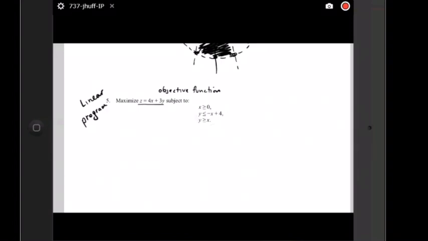So we're going to start by graphing that system of inequalities. The top one there, x is greater than or equal to 0.